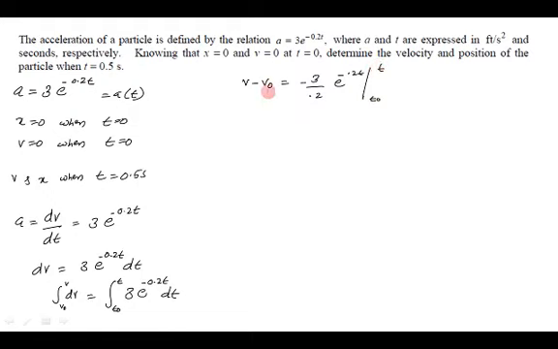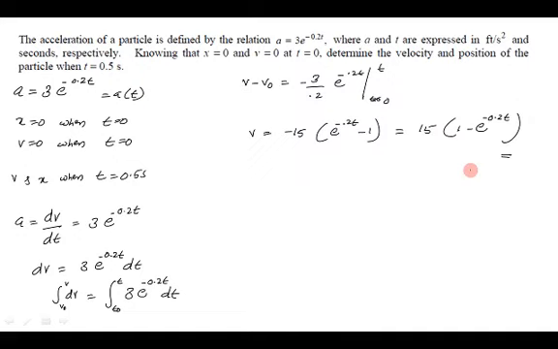So v0 is 0, and t0 here is also 0, so this term becomes 15 minus 15 into e raised to minus 0.2t, and on substituting t = 0 we get minus 1. This I can also write as 15 into (1 minus e raised to minus 0.2t), right? So this is our expression for velocity.